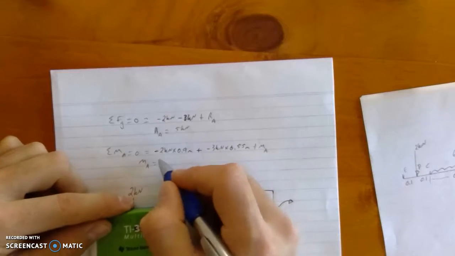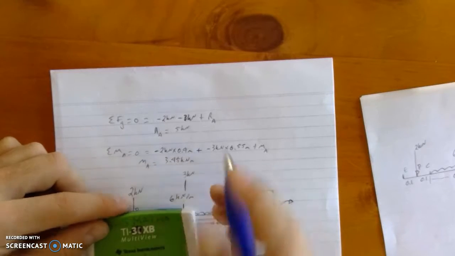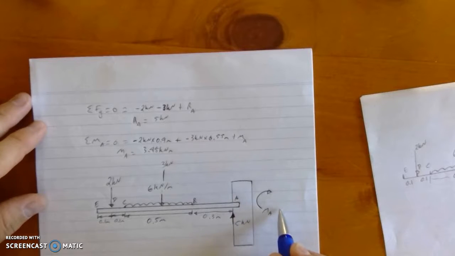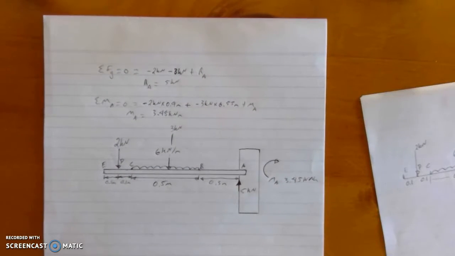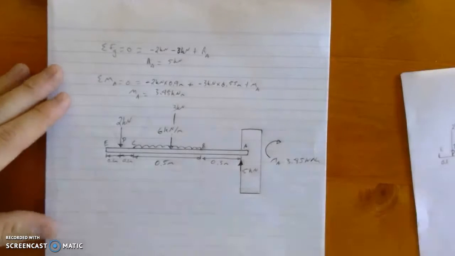So our moment is a positive 3.45 kilonewton meters. Okay, so our moment at A is 3.45 kilonewton meters.